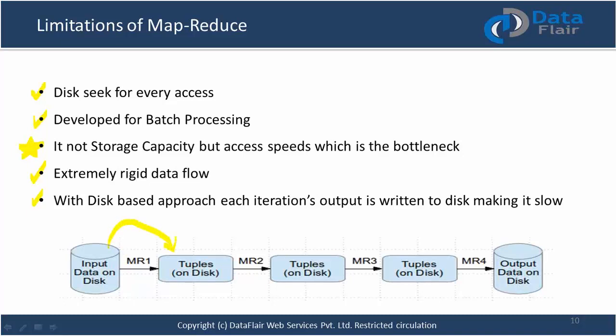Although there is one more disk read and write operation: output of map is again written on local disk. 2 times disk read write. MapReduce 2 again reads from disk, writes to disk, and so on. For each and every MapReduce job, it will read from disk and write to the disk, which makes the complete flow pretty slow, which degrades the performance like anything.